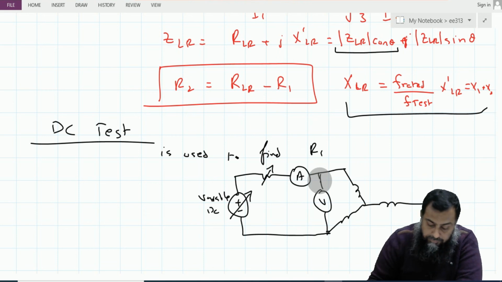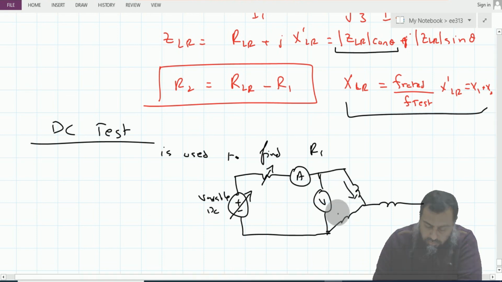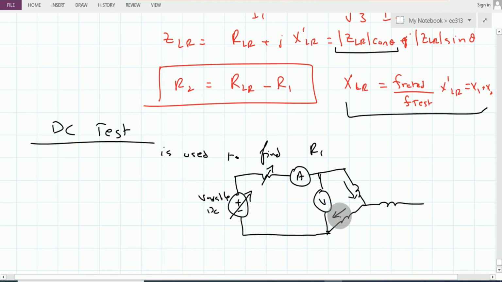So what we are left with is only the resistance of these two coils, and the current flowing depends on the DC resistance which these two stator coils offer. So we can say that 2R1 is equal to VDC over IDC, and therefore R1 is equal to VDC over 2 times IDC.